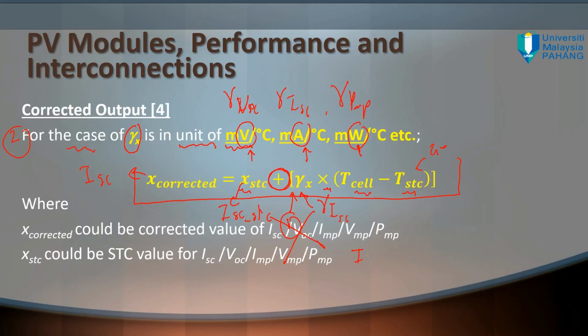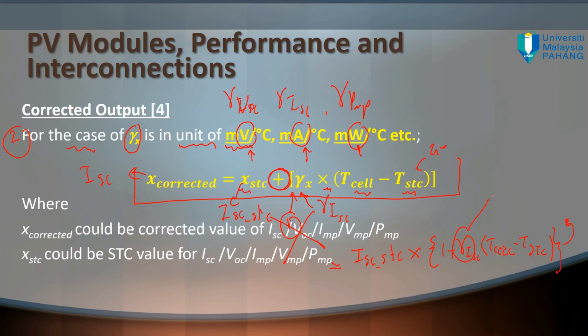Okay, I give the example here, ISC STC. I continue here. I calculate, connected, that ISC STC multiplied by 1 plus the temperature coefficient for ISC, T cell minus TSTC. This is for the percentage case.